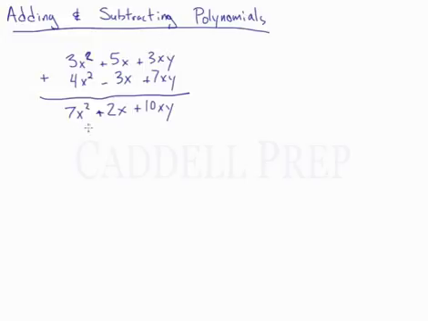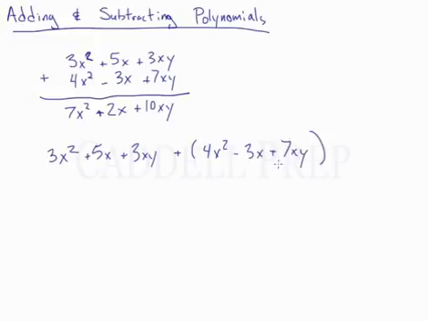We could also do it in a line. So we have 3x squared plus 5x plus 3xy. I'm going to add 4x squared minus 3x plus 7xy to it.